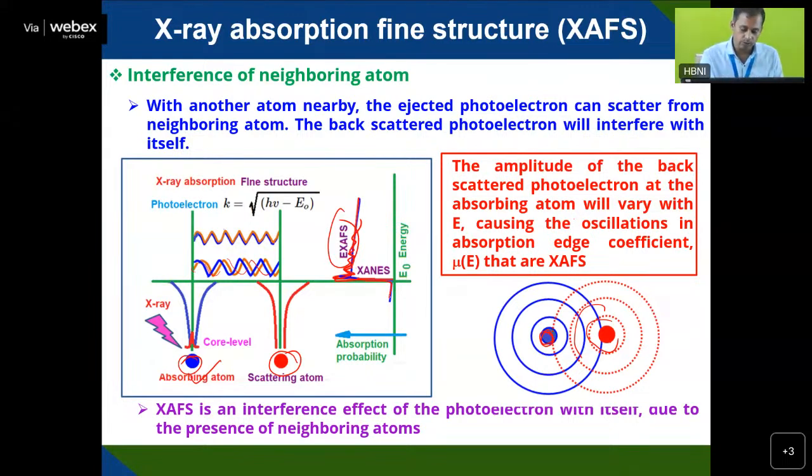So initially you get a sharp absorption, and because of this interference you will see oscillations. So EXAFS is an interference effect of the photoelectron with itself due to the presence of neighboring atoms. Because of this, you will be able to measure the distance between neighboring atoms in a structure. You can easily find out the bond length.